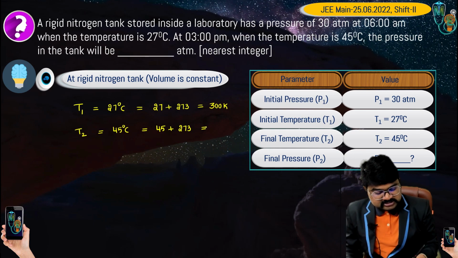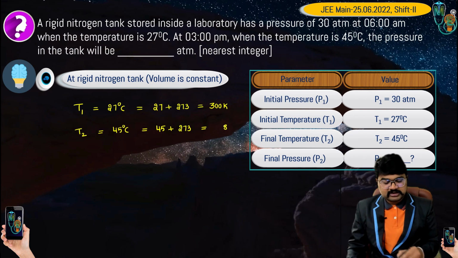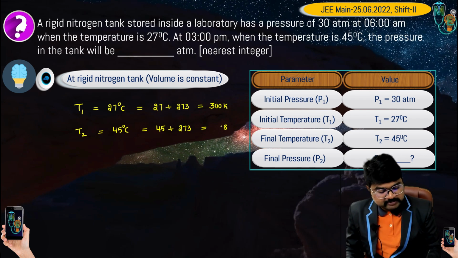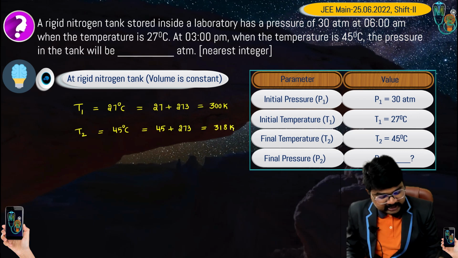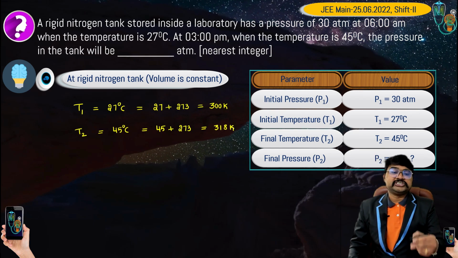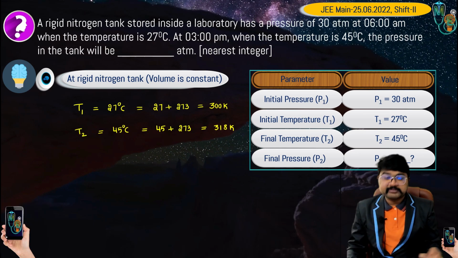Here it is how much? 5 plus 8, and then 270 plus 40 will be 310. So 318 Kelvin. I converted initial and final temperatures into the absolute thermodynamic scale.